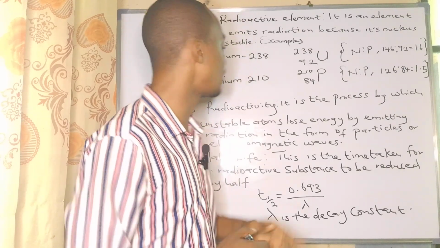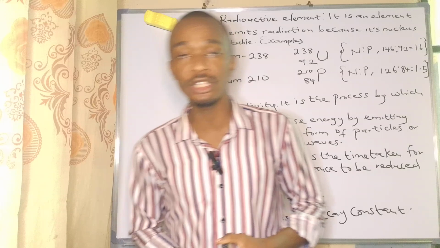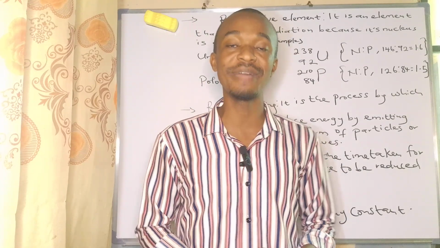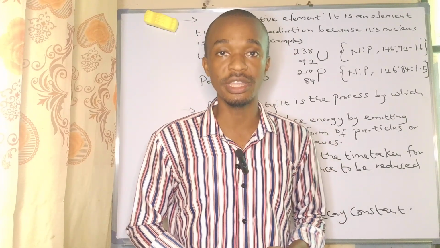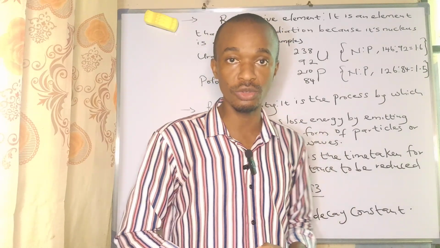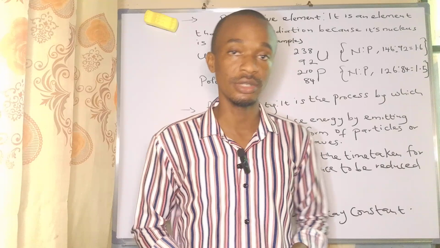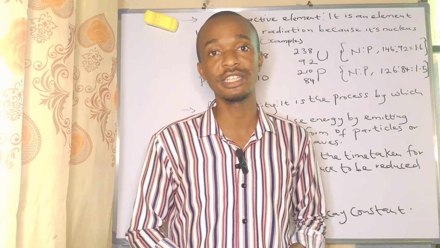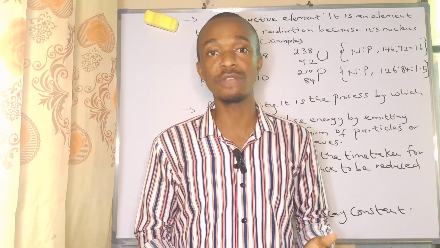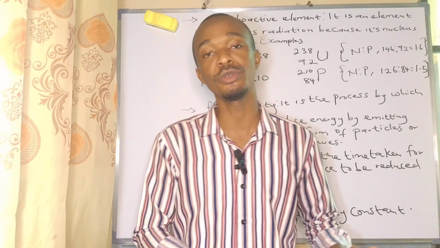So let's go ahead and define radioactivity. Radioactivity is the process by which unstable atoms lose energy by emitting radiation in the form of particles or electromagnetic waves. Definitely, you know that unstable elements will emit radiation because they want to be stable.